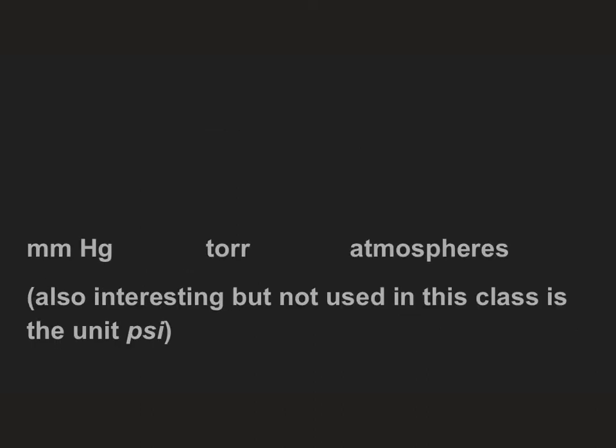These are the three typical pressure units that we will use. As I mentioned on the previous screen, 760 millimeters of mercury, also called standard pressure, because at sea level, the height of the mercury column essentially averaged to about 760 millimeters high, is equal also to 760 torr.